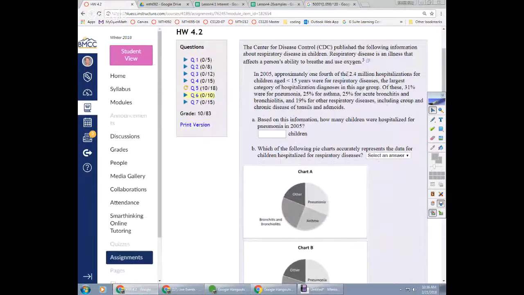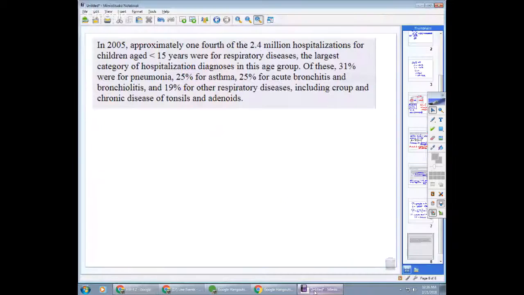The largest group of illnesses that kids had that put them in the hospital was respiratory stuff. Here it says 1/4 of all the hospitalizations of children under 15 were for respiratory problems. And then they broke the respiratory problems into parts, and these questions down here are just about respiratory. For example, the first question says, how many kids had pneumonia in the hospital? So we're going to try and answer that next.